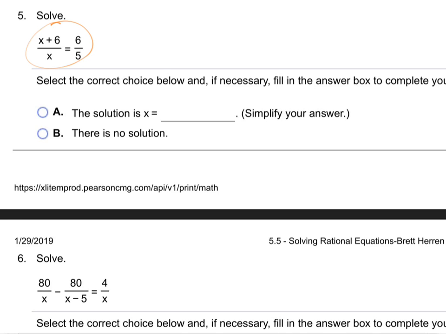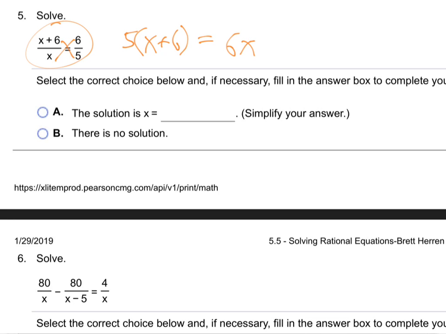Diagonal, diagonal. Diagonal, diagonal like that, right?